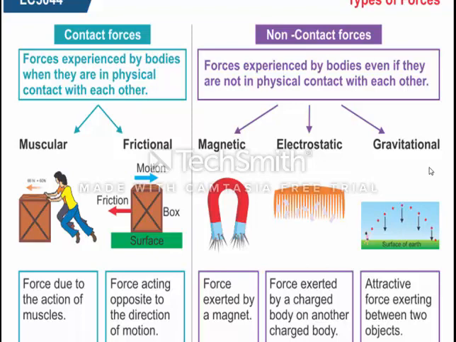The ball and the earth are not in contact with each other, but the gravitational force is still exerting and attracting the ball towards itself, so that is also a type of non-contact force. So today we have seen the types of contact force as well as non-contact force.